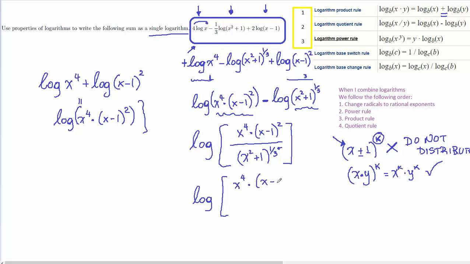So you have x to the fourth times x minus 1 squared, the numerator, divided by the third root, and everything will be under the root of x squared plus 1, and this will be your final result. You cannot simplify anything here. You do not need to expand this, although you may know how to expand it, and you cannot do any simplifications under the root. So what you see right here will be your final result.